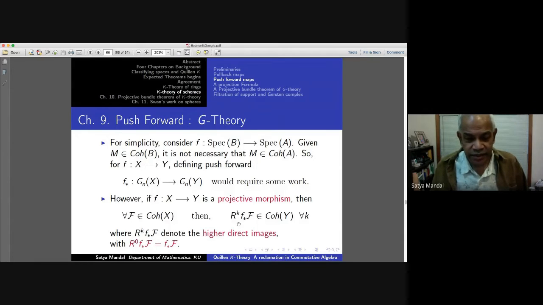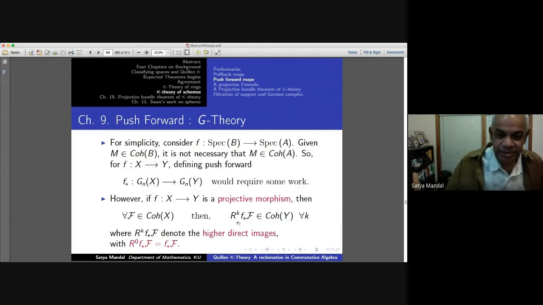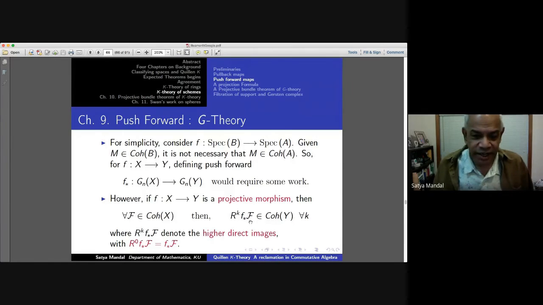I didn't define higher direct image; I will define it. I'm too ambitious today. R0 F star F will be just the direct image. That means if you have A to B, and a module over B, you consider it as a module over A. That's all I'm doing.